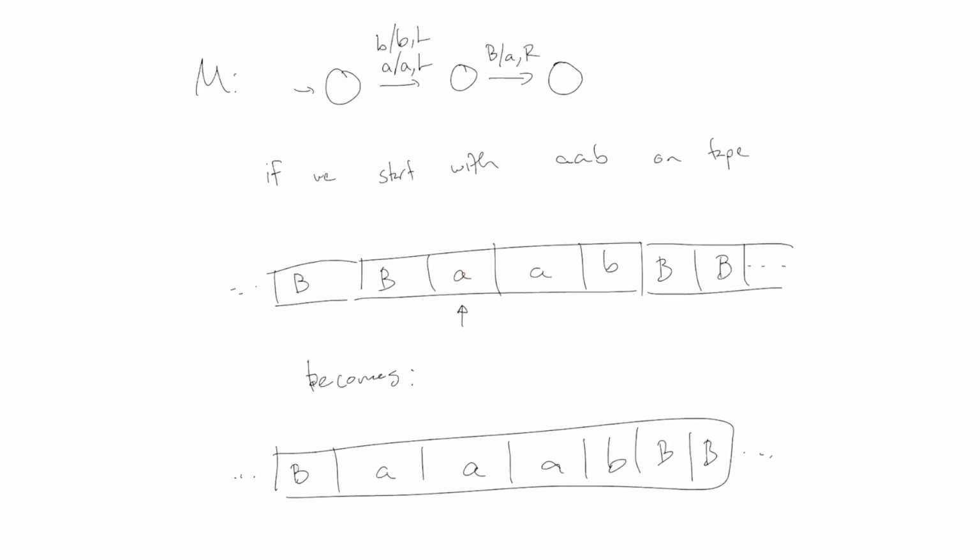It's pointed at this A, and when we finish, the head will technically be in this position. I don't really care where the head is at the end. You see this A, you move to the left by one position, and then you write an A there, and then move back to the right. So if we start with AAB on the tape, the result is now the tape says AAAB.